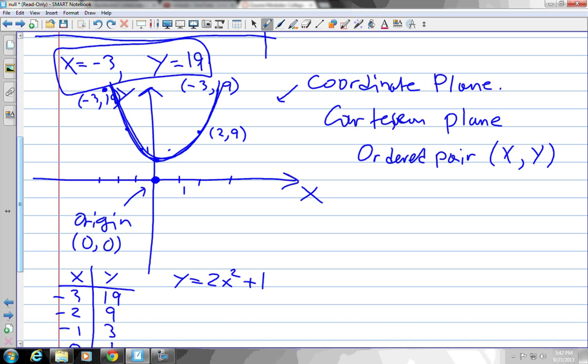Okay? Is that okay? So what that means, every point along this curve, every point on that curve solves that equation. And this is the only way we can express the solution to that equation, is by graphing all those possible solutions. There's no way I can list them. That's impossible.